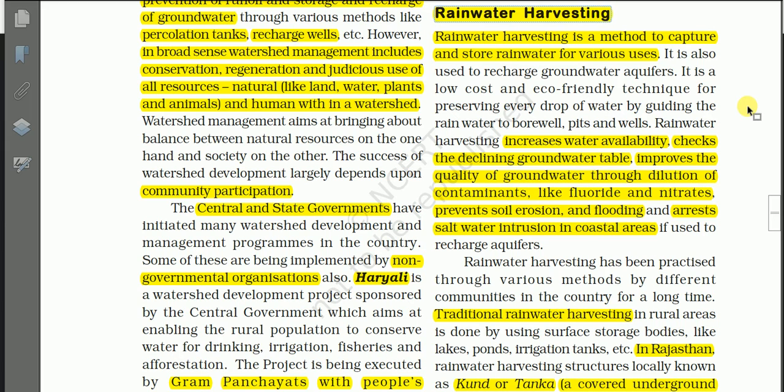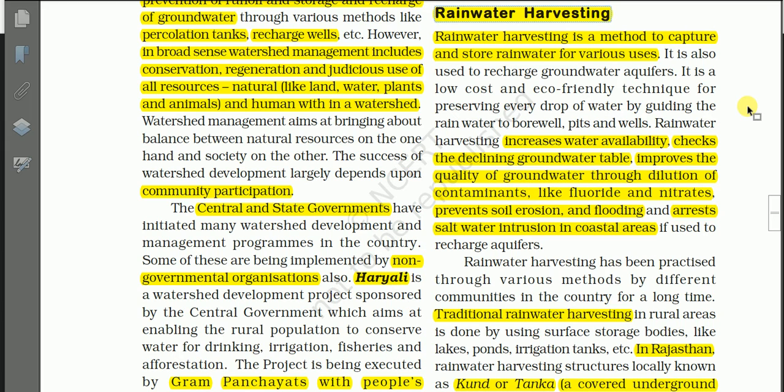Can you tell me what rainwater harvesting is? We have learned in class 10 also about the different methods of rainwater harvesting. Can you tell me what rainwater harvesting is? It is a method of storing water to reuse it or to use for any purposes.